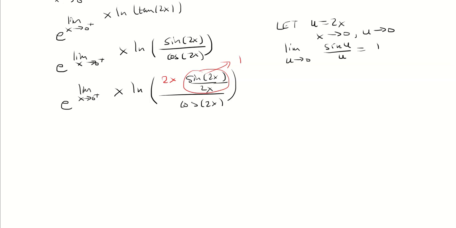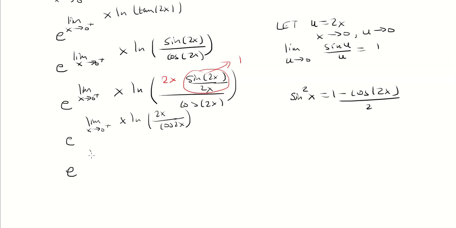And so we can simplify this further. We have x times natural log of 2x over cosine 2x. And now we're going to use the power reducing formula. So we know that sine squared of x is 1 minus cosine 2x over 2.